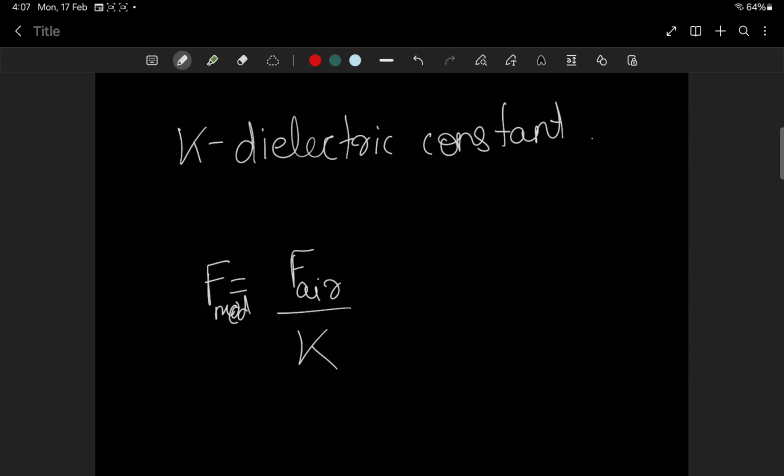I told you the external electric field decreases. That way we divide the force by K to get the force or the electric field. You can write the same if you are taking unit charge: E air by K.